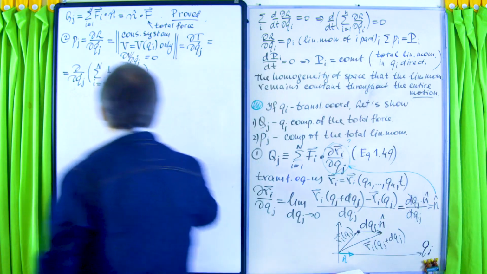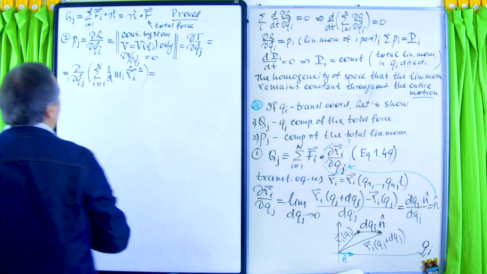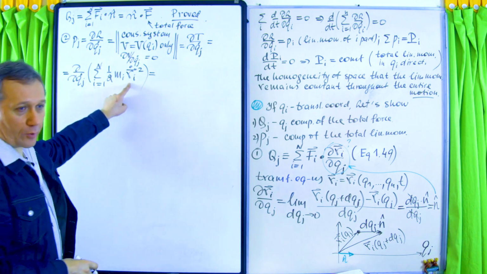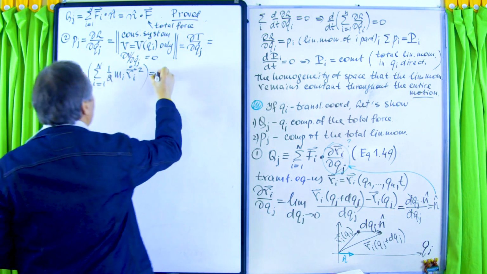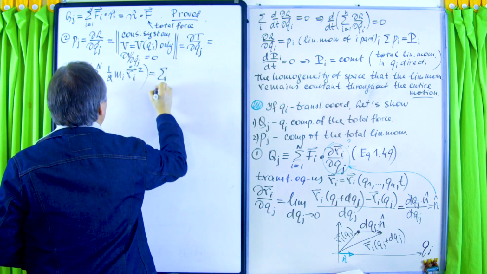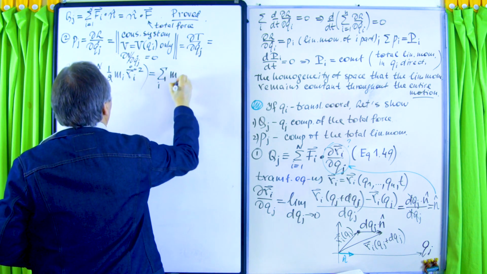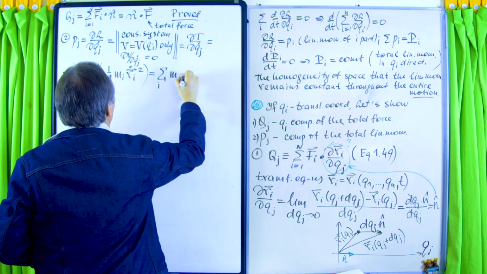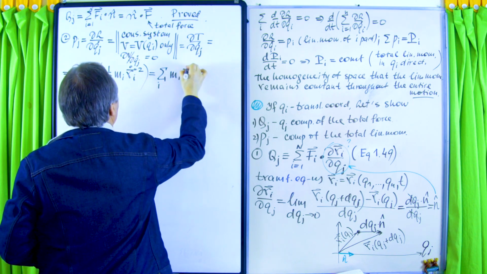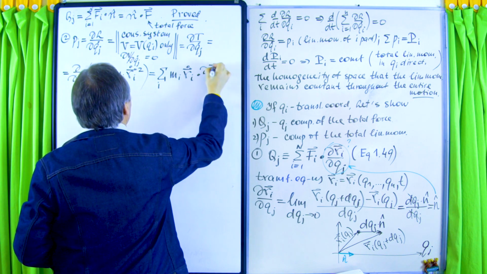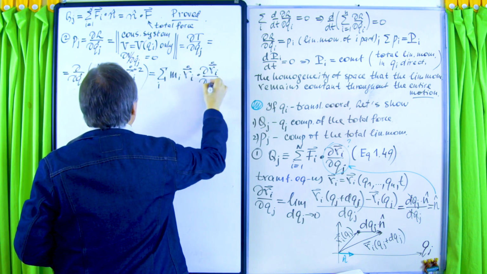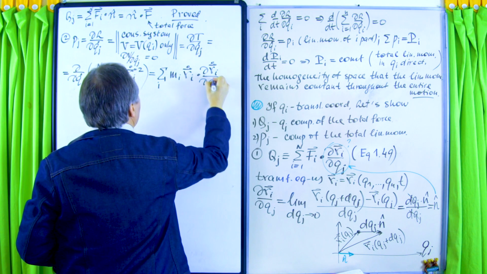Okay, so let's differentiate it with respect to Qj dot. Basically, this is the dot product of two velocities, so we have to differentiate it properly. The one half will disappear. So we will have mi, then ri dot, dotted with the partial derivative of ri dot with respect to Qj dot.